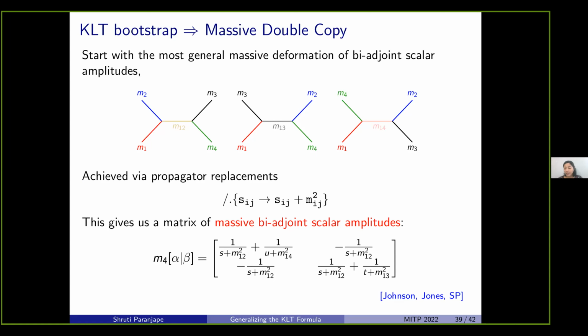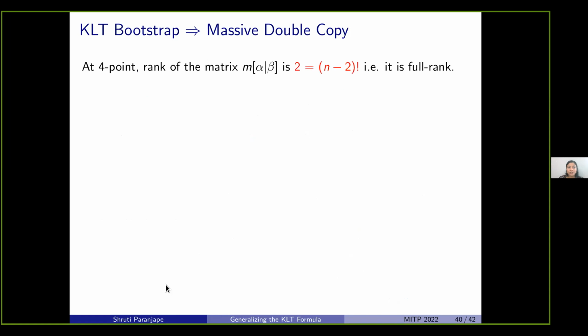So instead of higher derivative deformations of bi-adjoint scalar, if I instead considered a massive deformation of bi-adjoint scalar, where I basically decorated all of the bi-adjoint legs with different masses, I could then calculate again the matrix of bi-adjoint scalar amplitudes. The rank of that matrix would be 2.